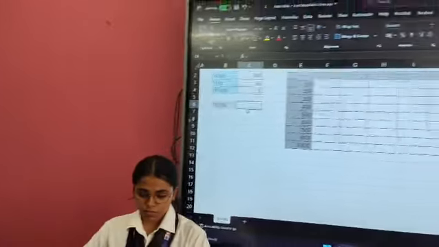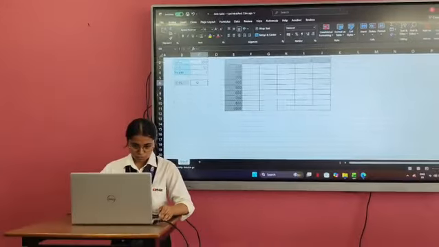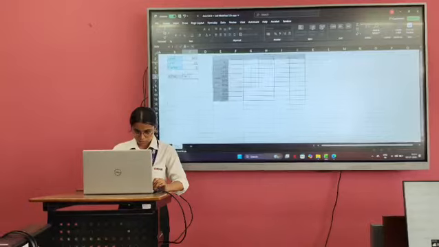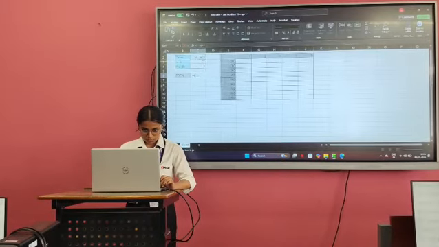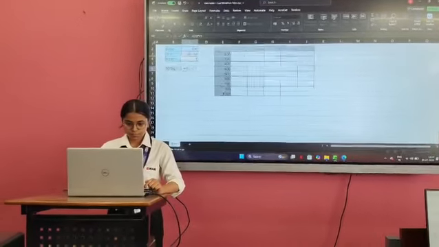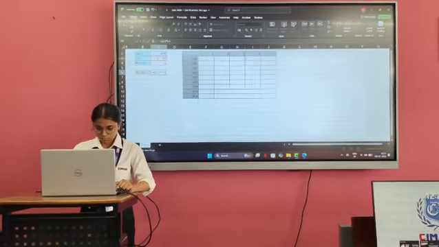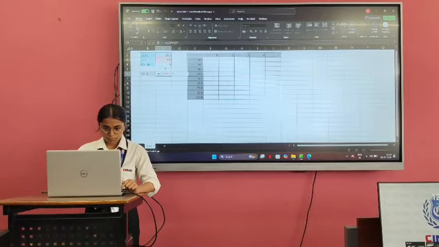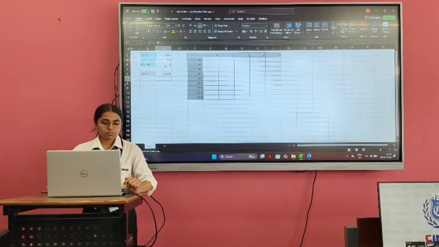And now we have put the formula in. Enter, 2000, 27,500 total.